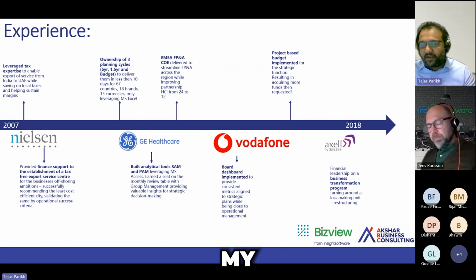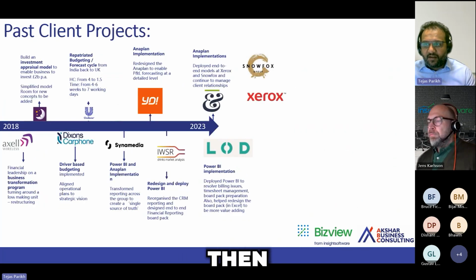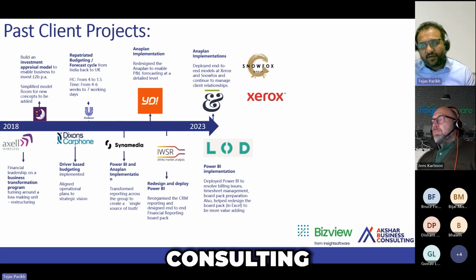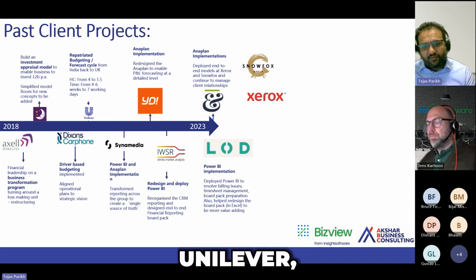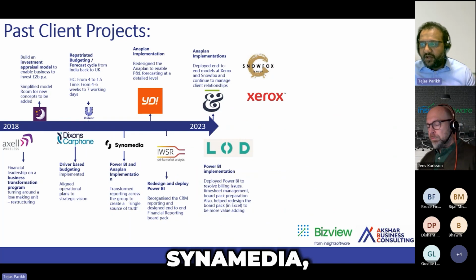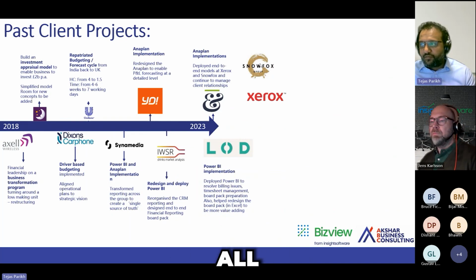This has been my career as a professional, where I've been fully in industry. Then as a business, Akshar Business Consulting, we've been delivering to clients like Whitbread, the owners of Premier Inn, Unilever, Dixons, Cinemedia, and now Xerox. They actually signed up two more clients, and I need to put their logos up there. If you see, there's a theme there: the budgeting process.